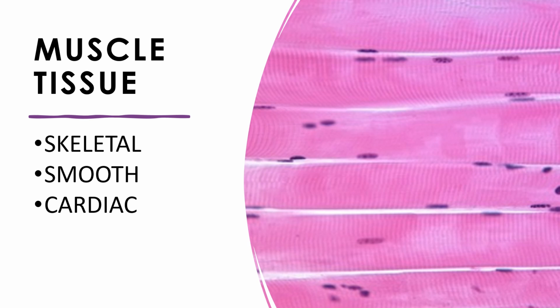The cytoplasm of your muscle fiber is called the sarcoplasm, and the muscle cell membrane is the sarcolemma. The muscle fibers contain myofibrils, and these myofibrils are made of your contractile proteins, actin and myosin. These are key components needed for the generation of contraction.